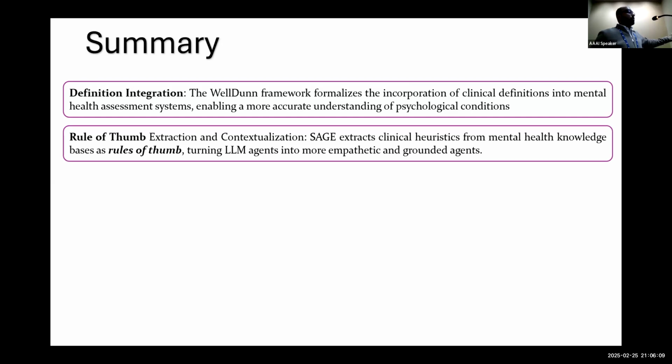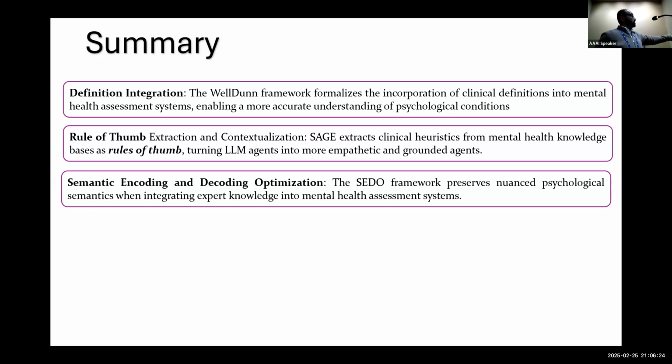The second thing we found was that rule-of-thumb extraction and contextualization was an effective way of telling the model to be consistent with the data it is being trained on. The third component was the weight matrix as another way of steering your models in the direction where you really want them to be. So this is semantic encoding and decoding optimization.